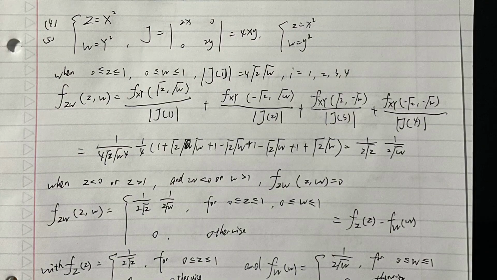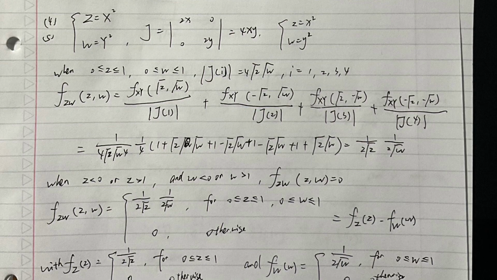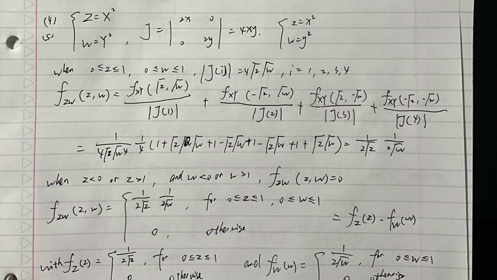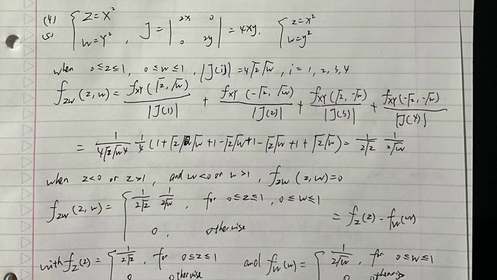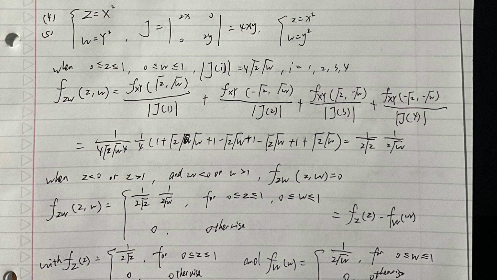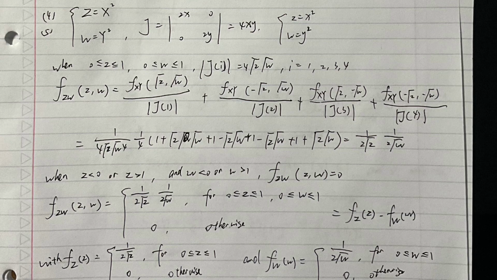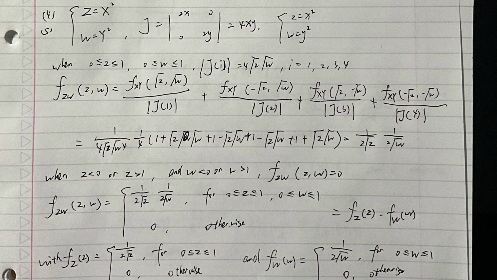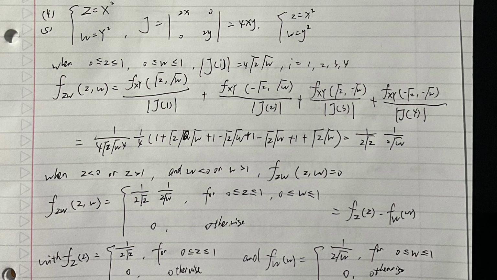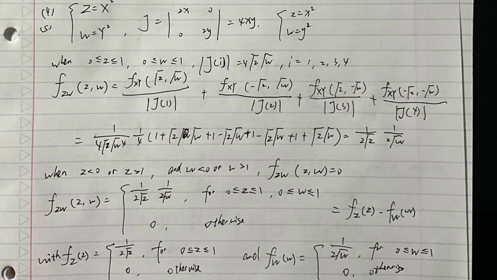And for questions 4 and 5, we also can do them together. So capital Z equals capital X square and capital W equals capital Y square, and then we can get the Jacobian J equal to the absolute value of the determinant of 2x, 0, 0, 2y, which equals 4xy. So Z equals x square, W equals y square.